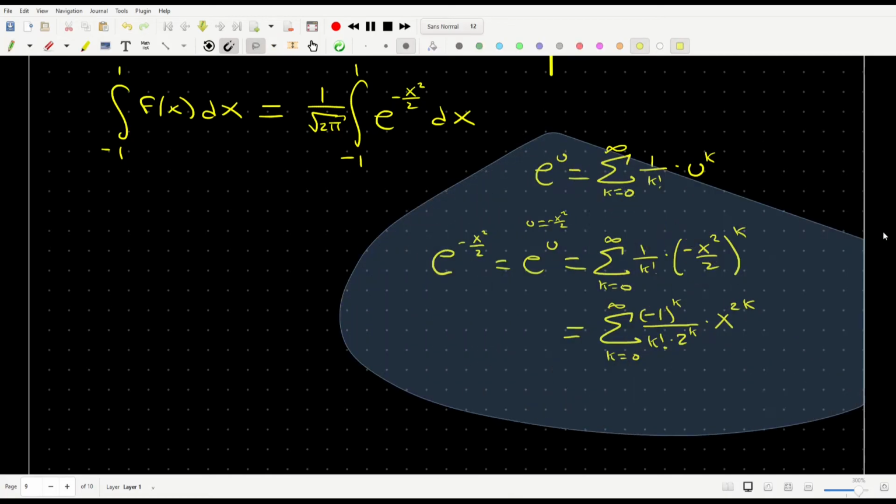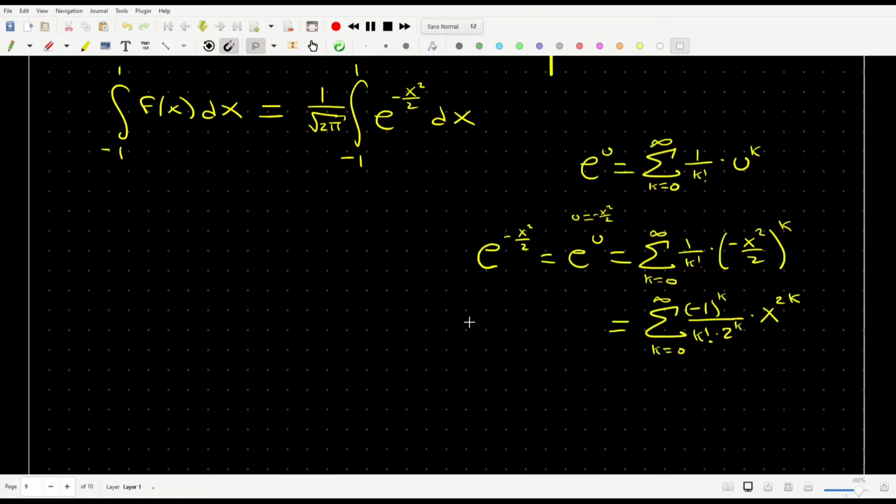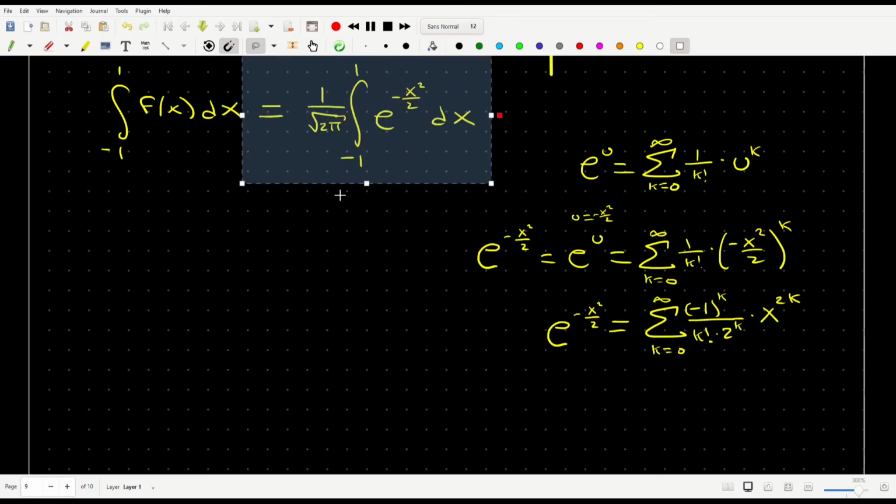And so we now have a very nice series for e to the negative x squared over 2, which we can directly plug into this definite integral.